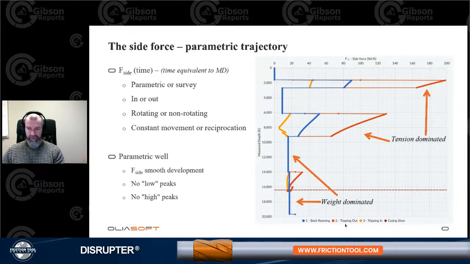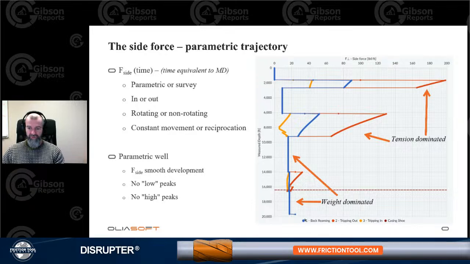Our yellow line is the tripping in side force. We can see that in the beginning it's vertical, so there is nothing, and then we have a little bit of a value, and then it follows the other operations. We can see that the tripping out, the red one, gives a much higher side force, especially at the highest point in the well where there actually are some doglegs.